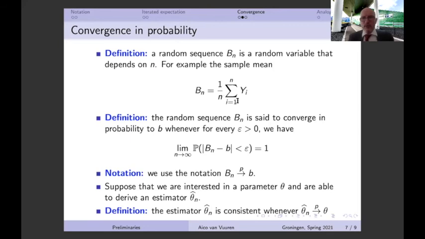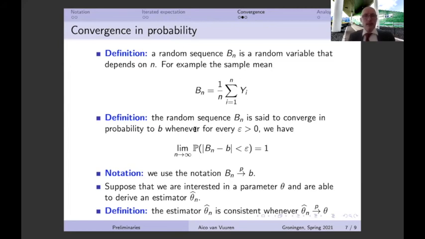Therefore, also the distribution function here depends on n. Everybody knows that the variance of this thing on the right hand side is going to be much larger when we have only 10 observations than when we have 10 million observations. And therefore, this Bn, the distribution depends on n, and therefore it's a random sequence.